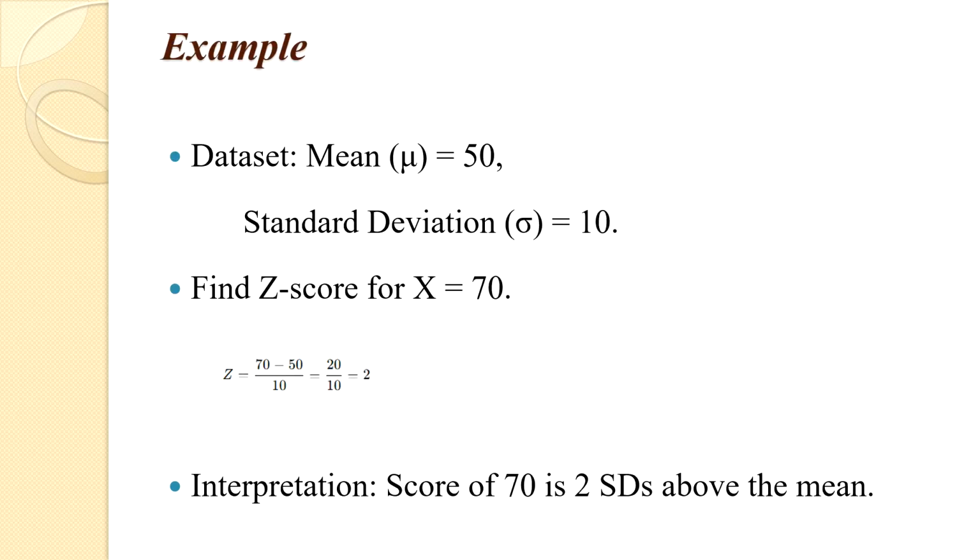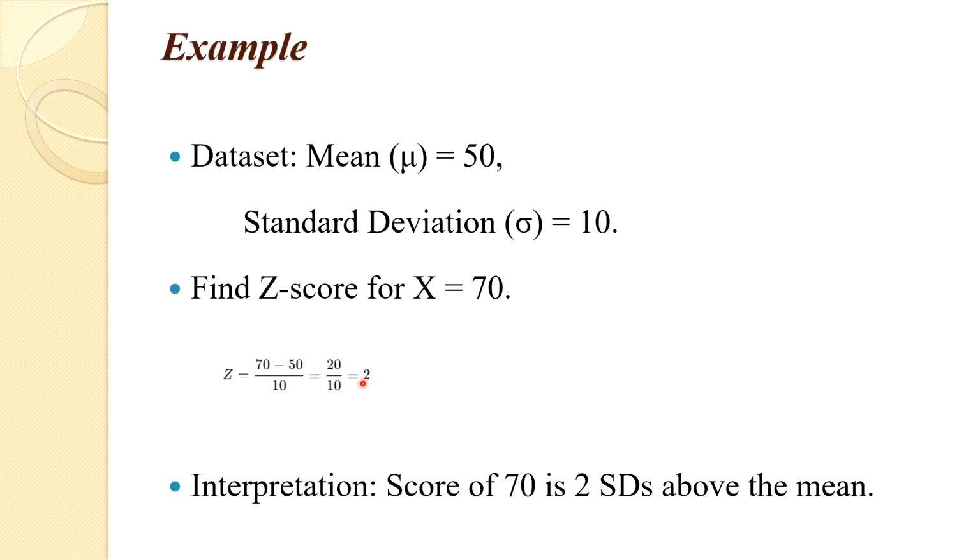Here is an example for the Z-score. The mean value mu is 50, sigma is 10, and the question is to find the Z-score for x equal to 70. So we apply the formula Z is equal to x minus mu divided by sigma. The x value is 70, mu is 50, and sigma is 10. 70 minus 50 is 20, divided by 10, that is equal to 2.